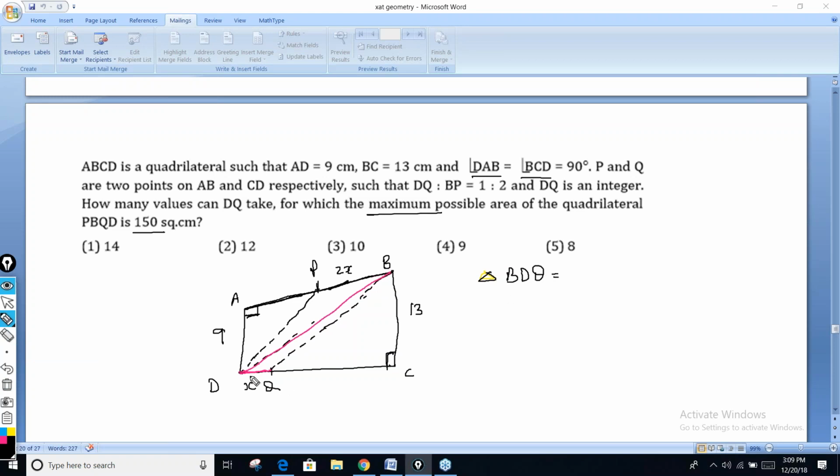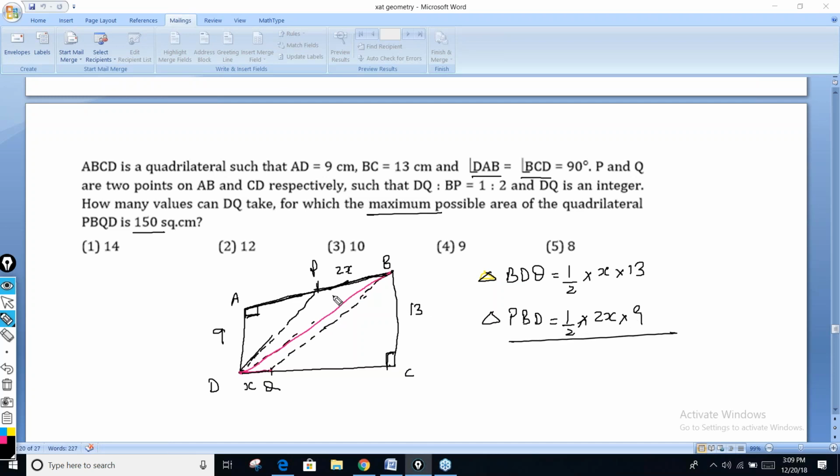It is half base into height. Height is 13. And similarly for this triangle, this is the base and this is the height. For any two parallel lines, you draw the base, you draw the height. It is same for all the triangles. So this is the base and 9 is the height. So what is the area of triangle PBD? That is half base into height. Height is 9.